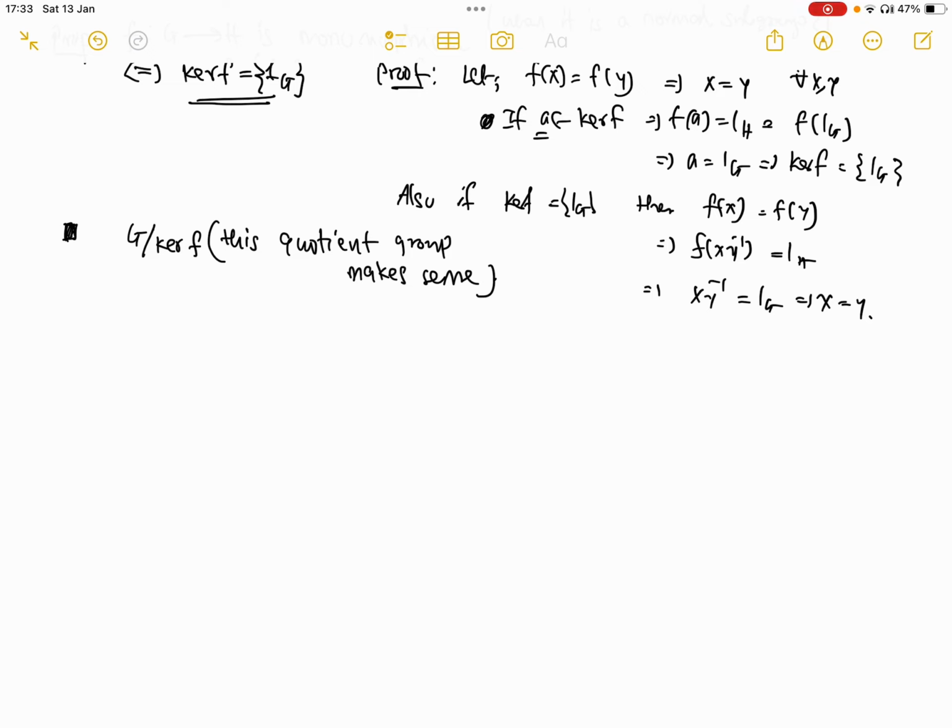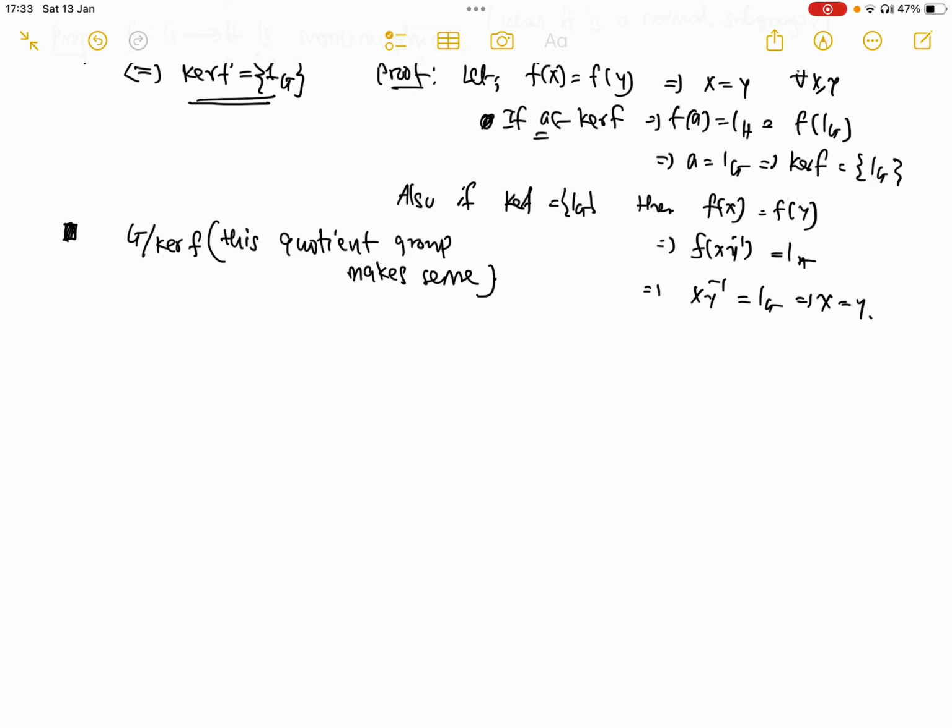So say x is a non-trivial element in the kernel, but inside this group, if you take the coset representative of that element x, you will get that it is just the identity.